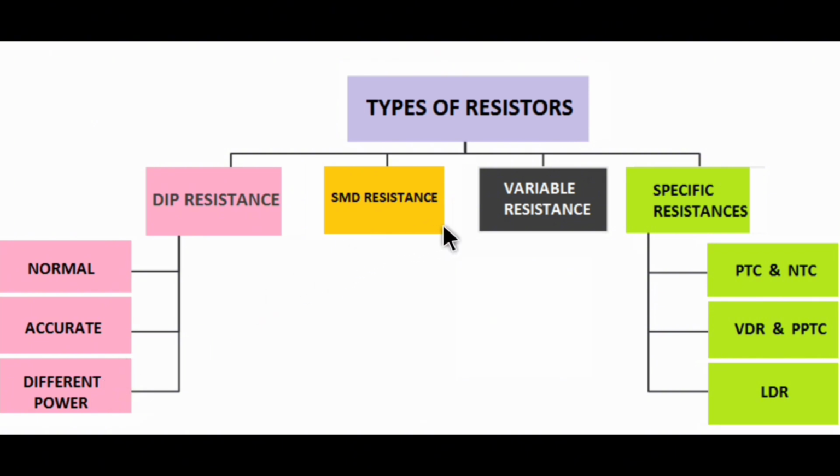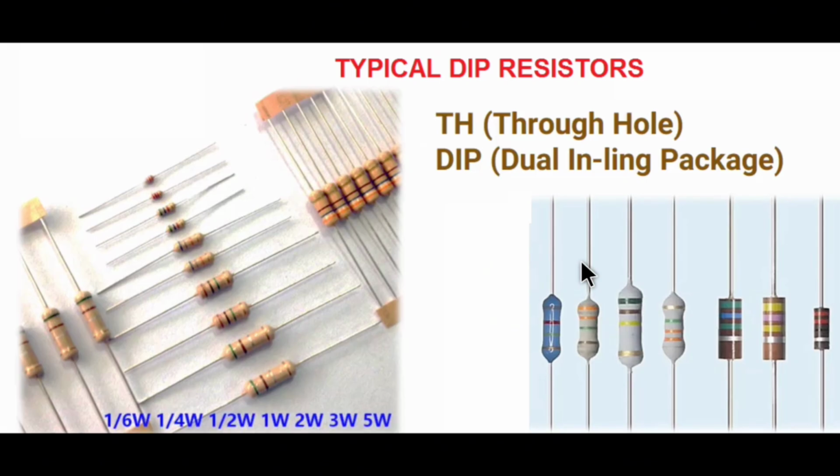SMD resistors, variable resistors, and special resistors. Special resistors will be talked about more. Friends are less familiar with them, and I will try to explain that part in detail.